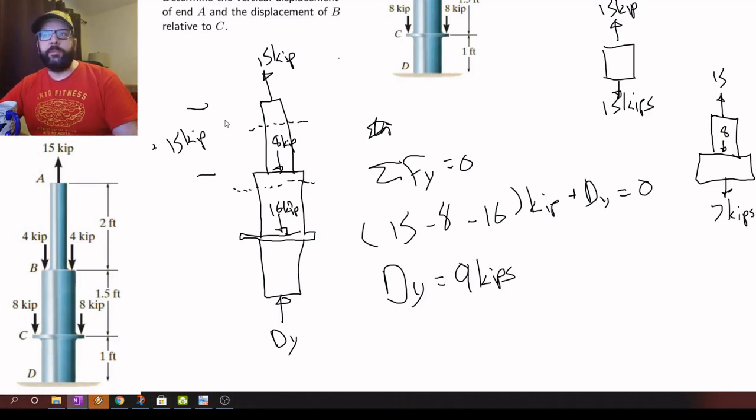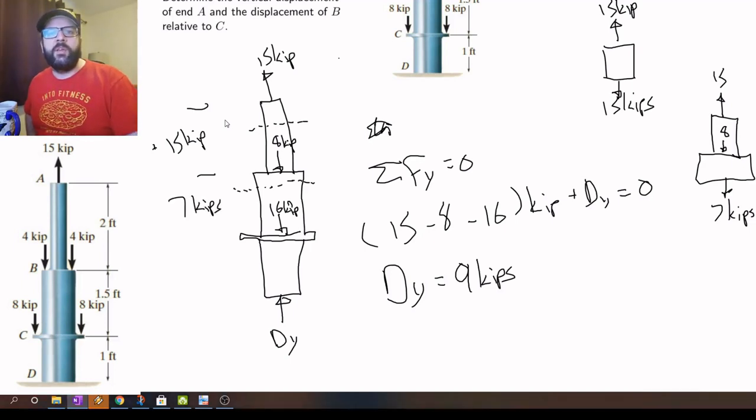So again, that's still a positive one, because the 15 that's pulling up is more than the 8 that's pushing down. So overall, you're still pulling upwards on that section there. So 7 kips.